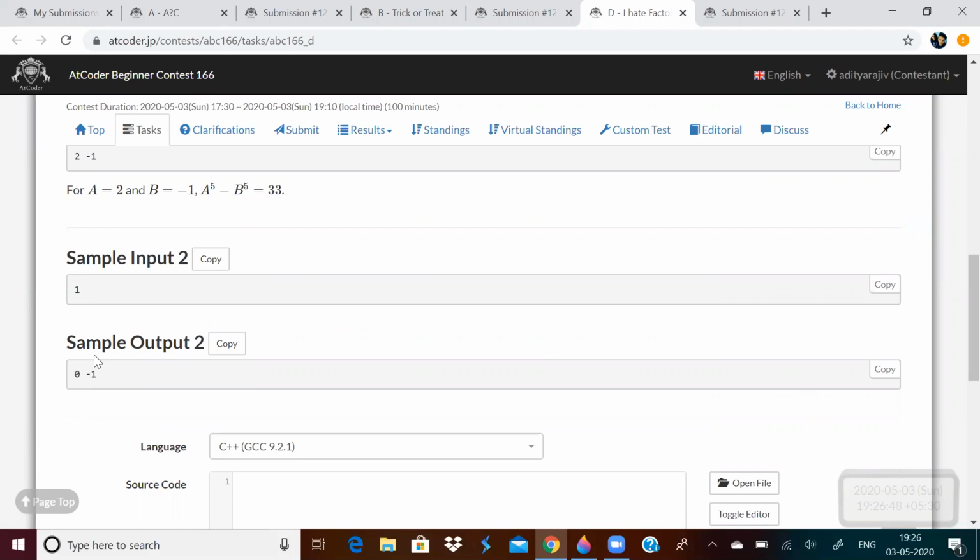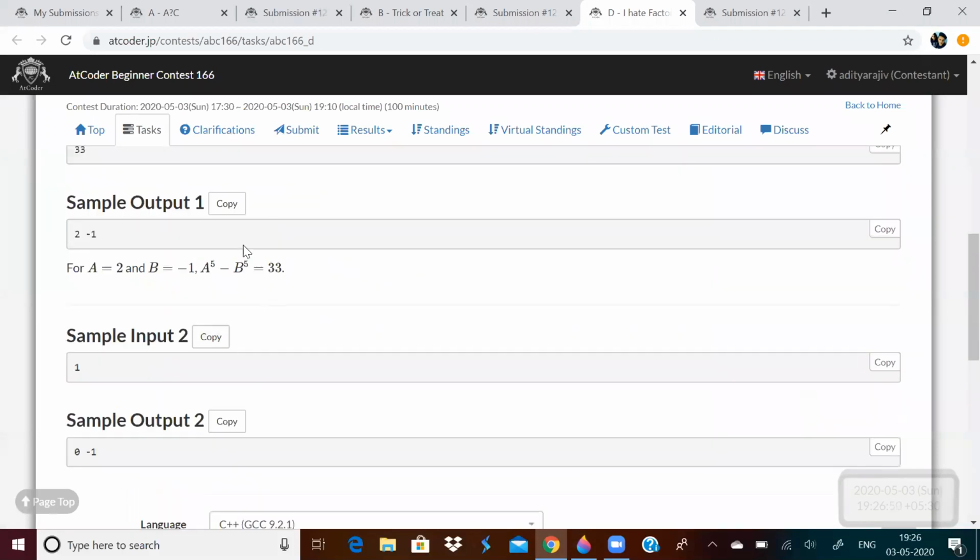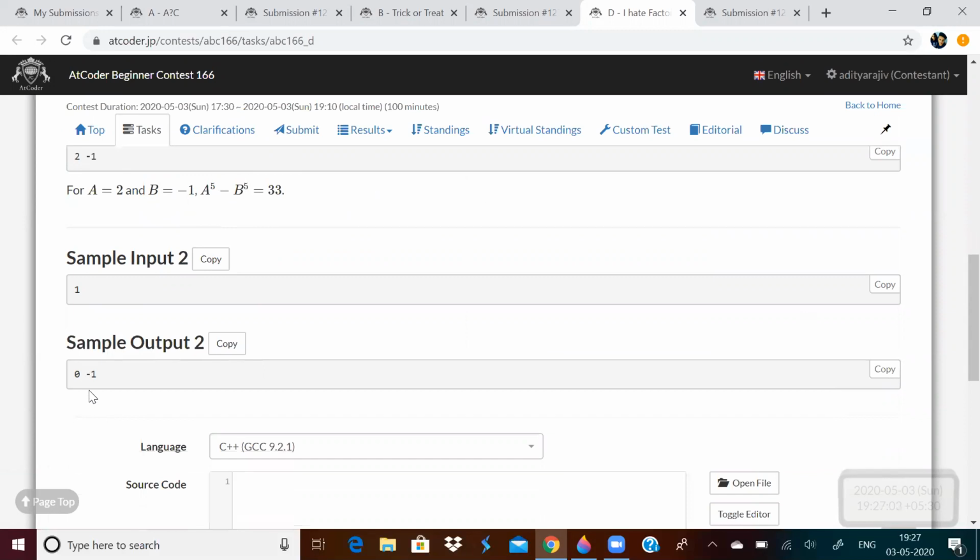It can be any of them, right? So B can be negative because a negative number to an odd power stays negative, and then when you subtract you get X. You can have a pair like positive, negative, or positive, positive, or anything other than that also.